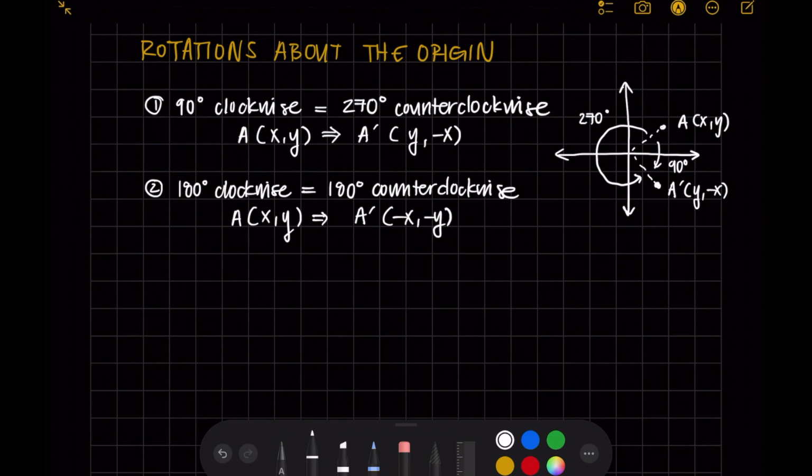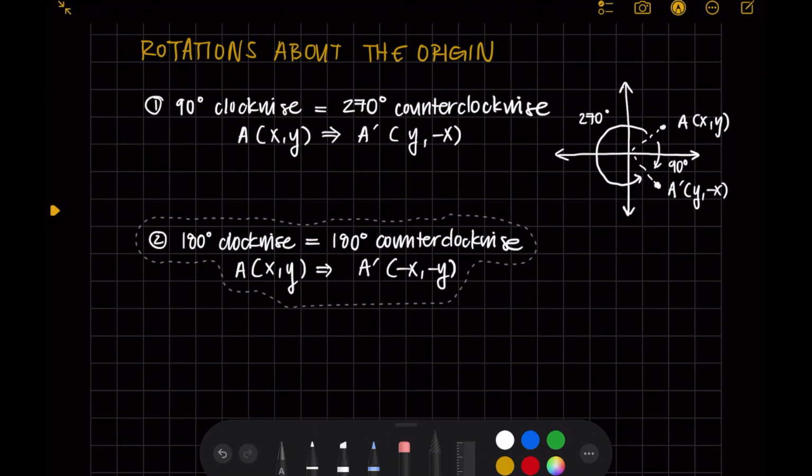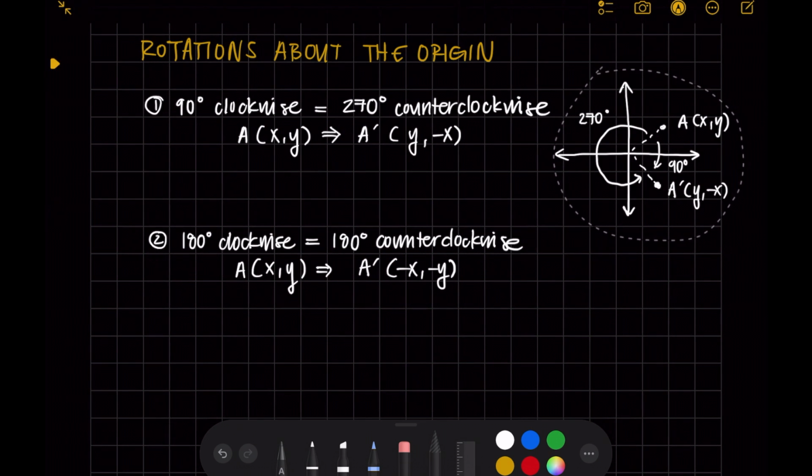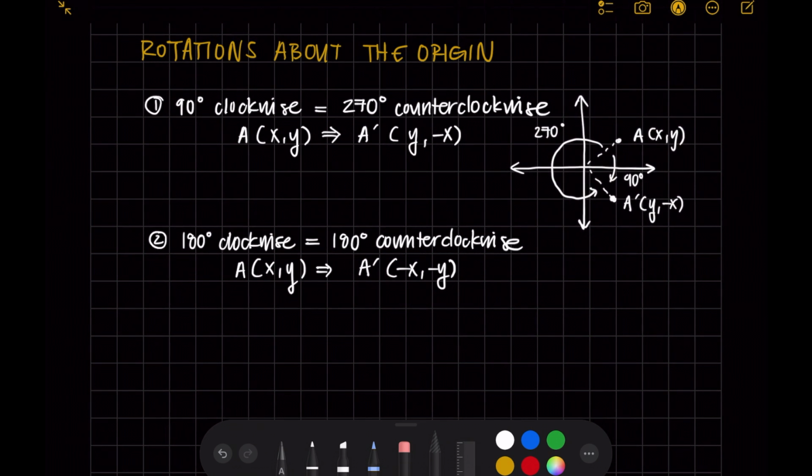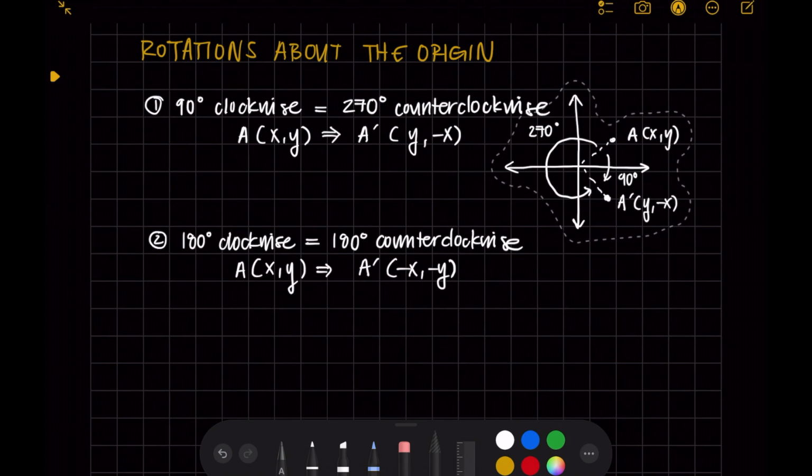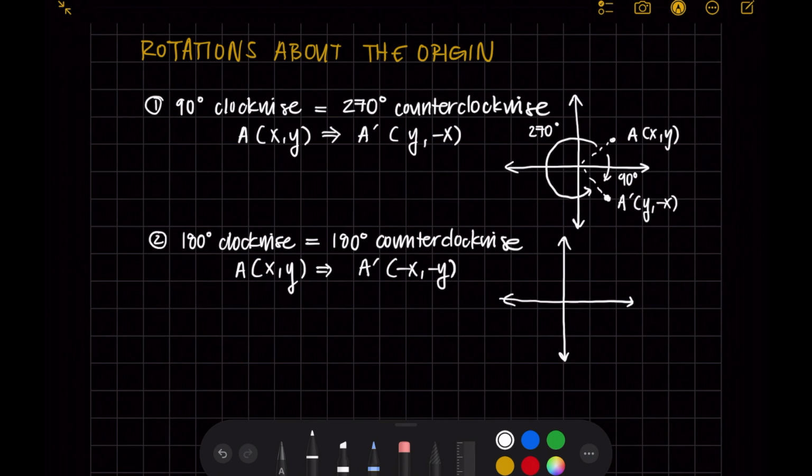Let's say we had a coordinate plane, something like this. Suppose I had the point A located at x, y.